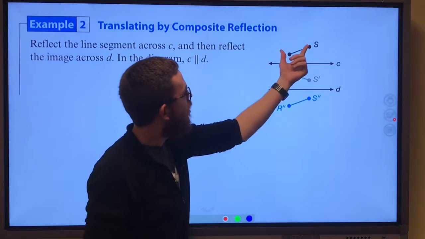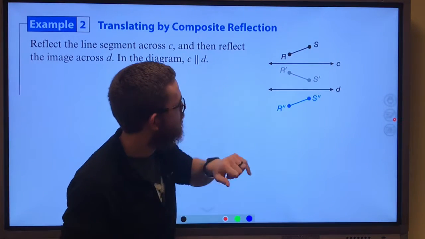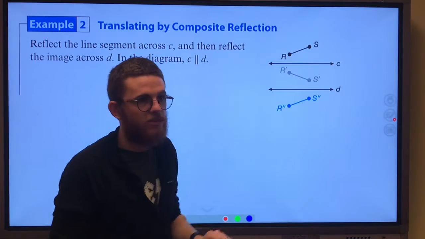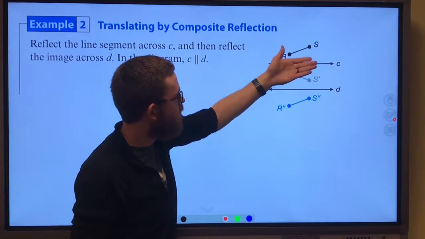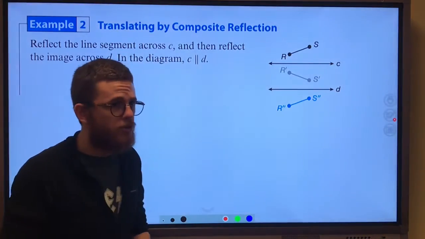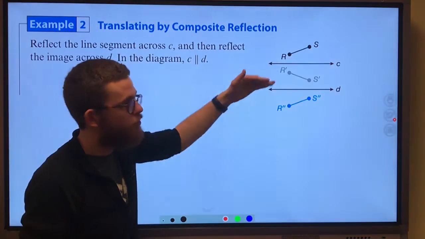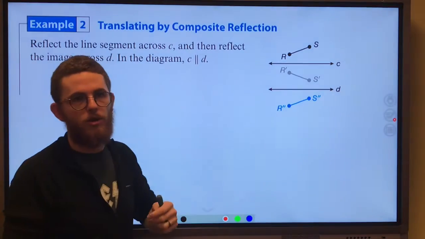Notice R to R prime is the same distance from R to R double prime is the same distance from S to S double prime. So we reflected it, we reflected it again, we performed a composite transformation. We're just saying that if we reflect across two parallel lines, it's the same thing as just performing a translation.